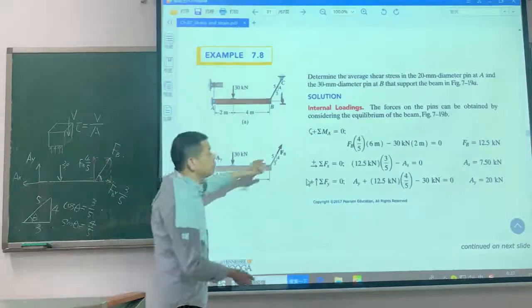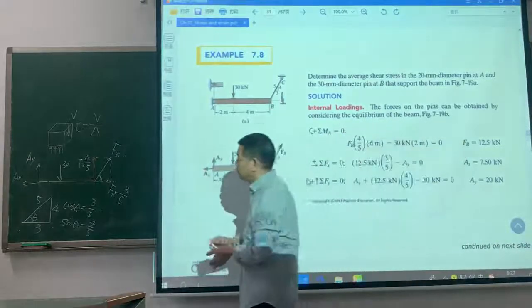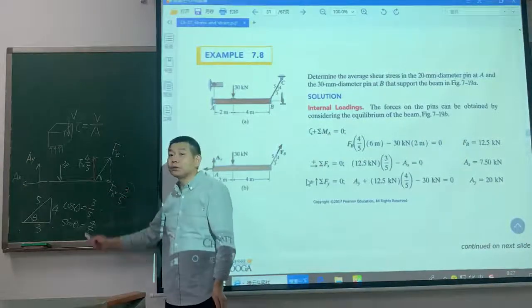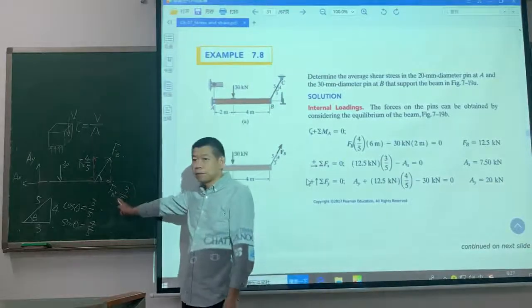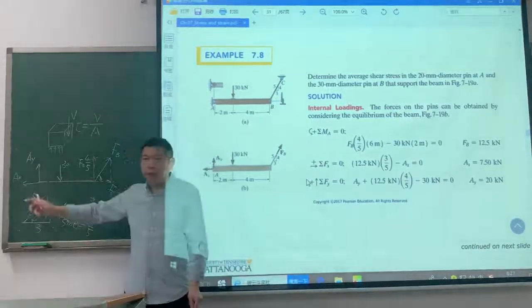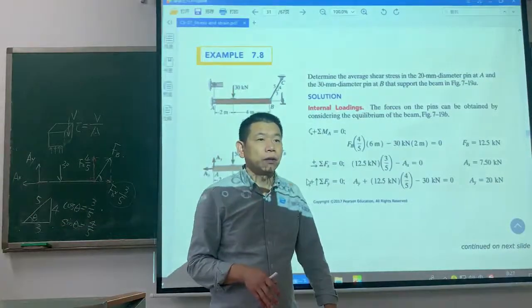So, in the equation, there is no such force, because the moment of the force about point A is 0. Understand?